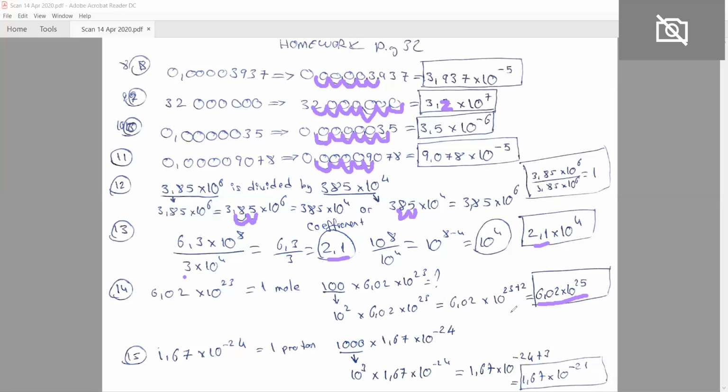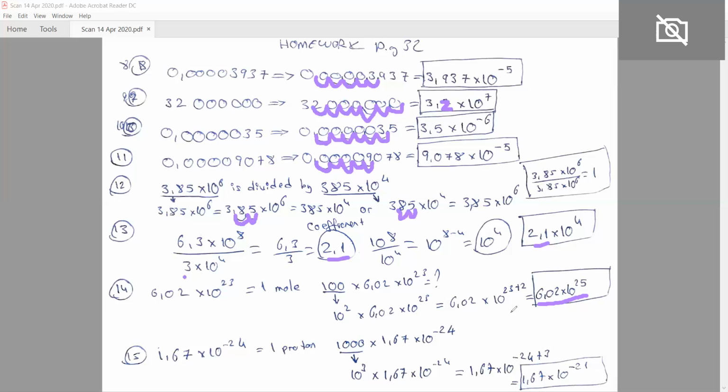Guys, again, 100 is a whole number. I'm going to write 100 in the form of an exponent. It's going to be 10 to the power of 2. And I'm going to multiply 10 to the power of 2 with 6.02 times 10 to the power of 23. 6.02 in this case is my coefficient. I'm going to leave it there. I'm going to say 10 to the power of 23 times 10 to the power of 2.